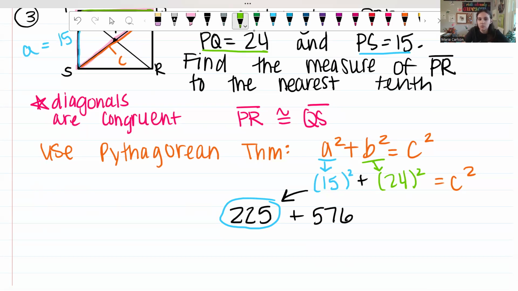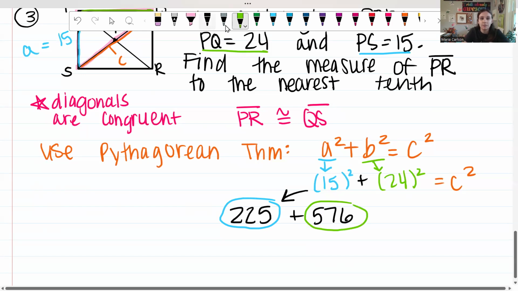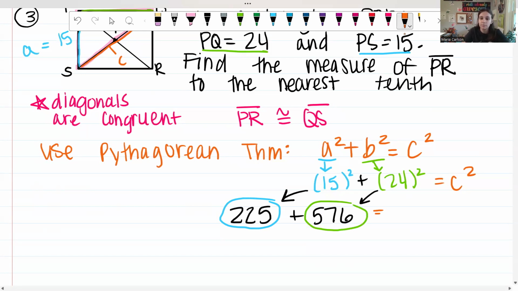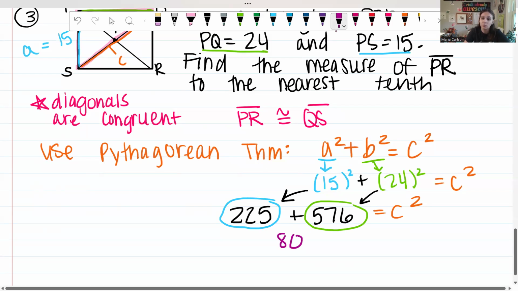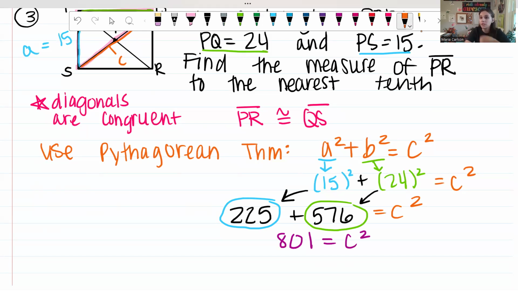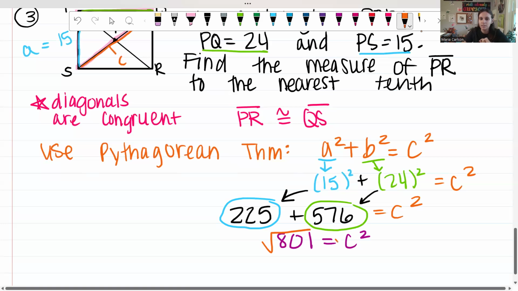So I have 225 plus 576, and that is going to be equal to C squared. If we add these two things together, 225 plus 576 gives me 801 is equal to C squared.